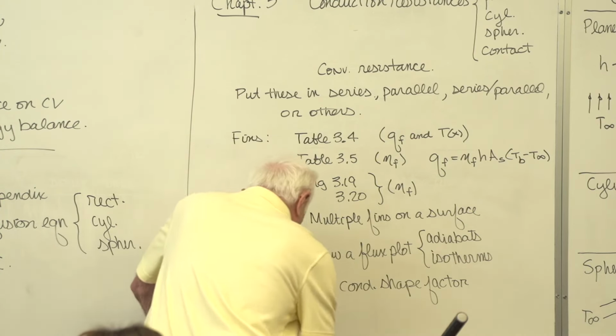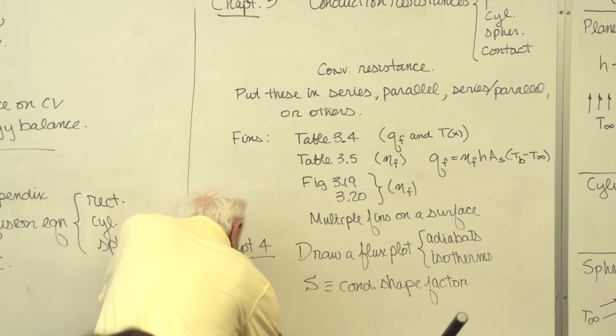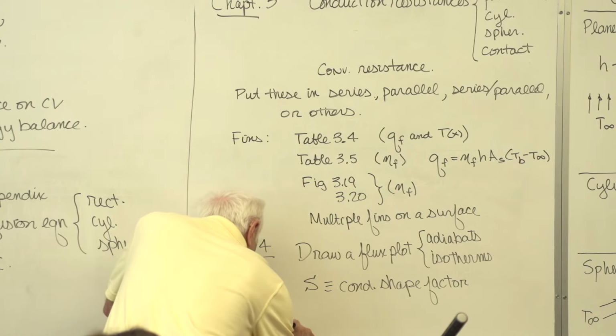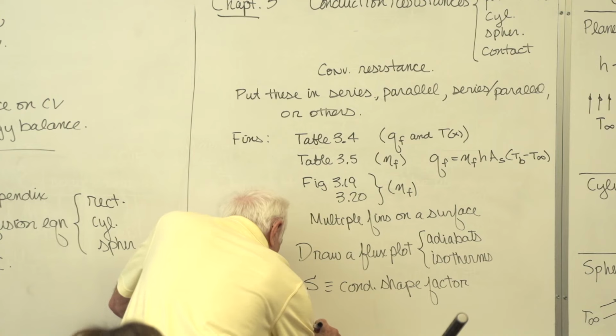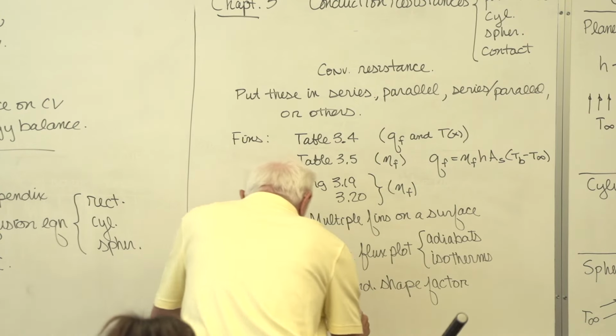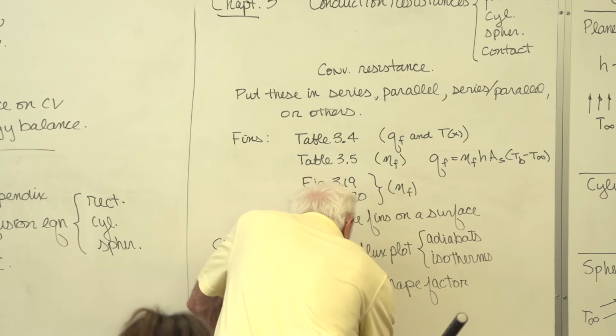If you want a resistance, the resistance is 1 over SK.